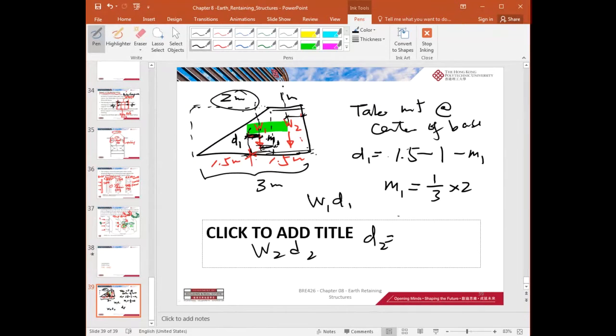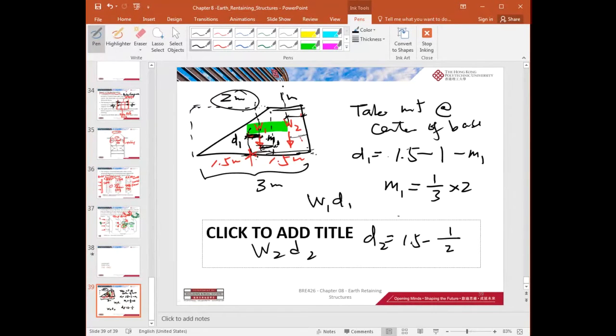Okay, let me repeat, right? Here, 1 meter divided by 2, right? Because it's 1 meter, it's a rectangle. 1 meter divided by 2, right? And then you got 1.5 meters minus that.